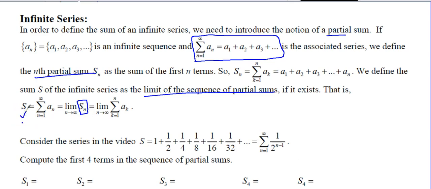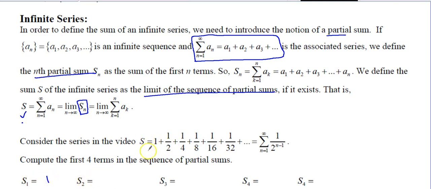That means you are going to predict, by adding a few terms, whether my answer exists if I add infinitely many terms. So we are going to just look at part of the sum. Like for example here, 1 plus 1 half plus 1 fourth. Do you see the numbers are getting smaller and smaller? So we are going to check what happens if I add the first term: S1 is 1.